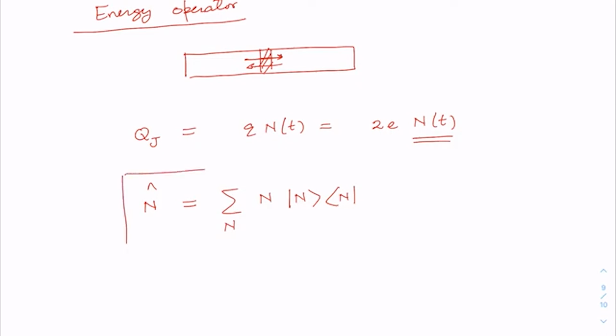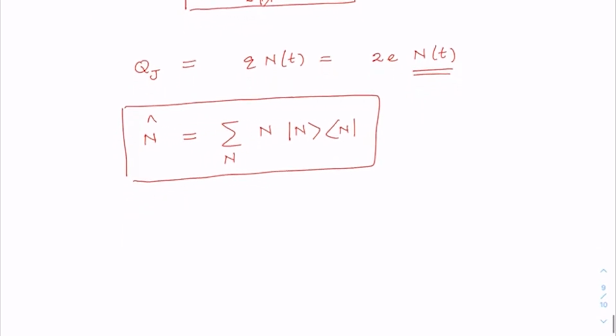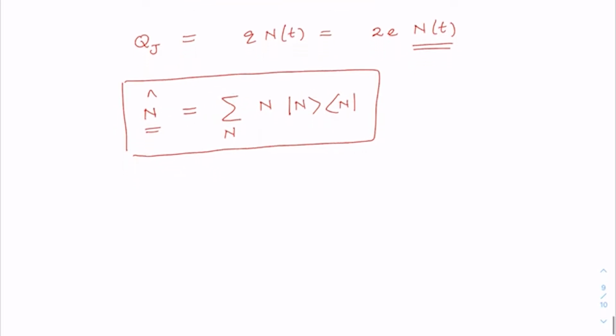So this is the operator we have. The tunneling of Cooper pairs through the barrier can be translated into a coupling between the eigenstates of the operator n, which can be expressed in this form.